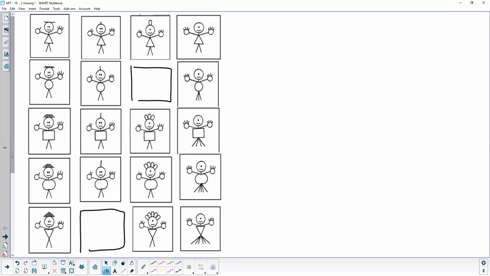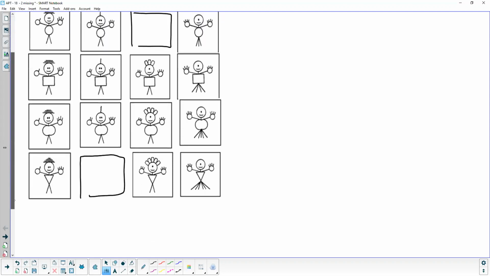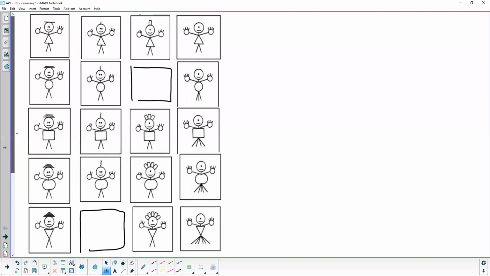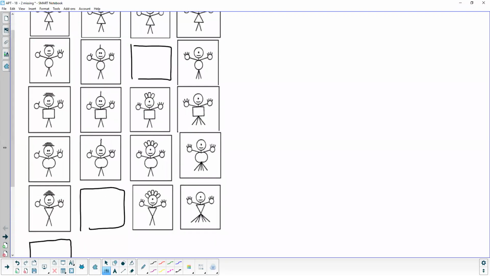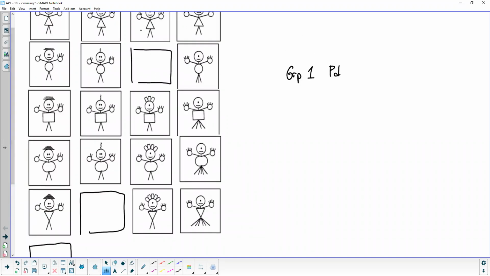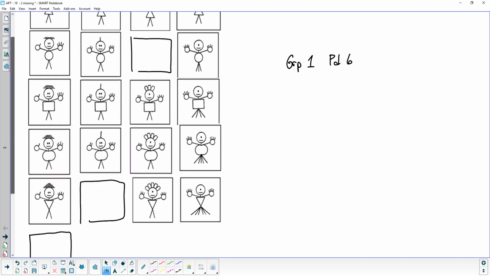I will pretend I'm doing an alien here. First, I ask you to tell me its address. In this address, the first column is group 1, and period is the horizontal row. That's 1, 2, 3, 4, 5, the 6th. So group 1, period 6.